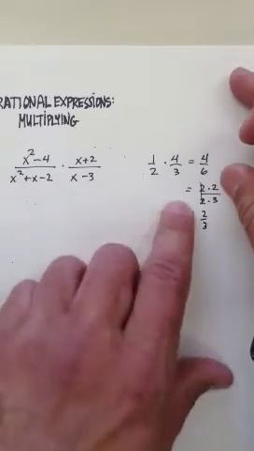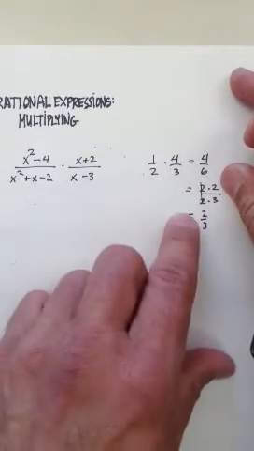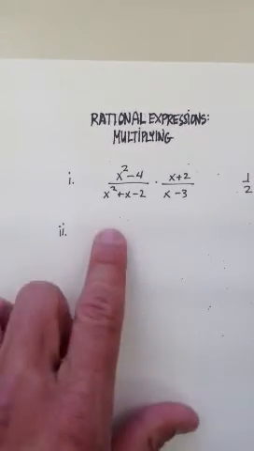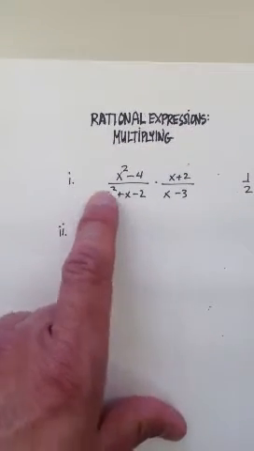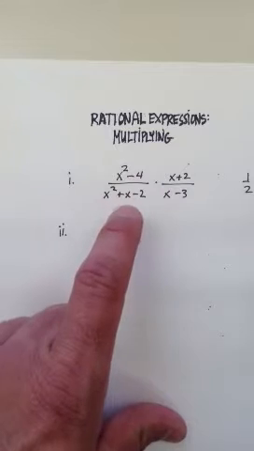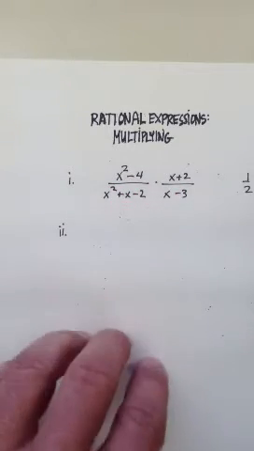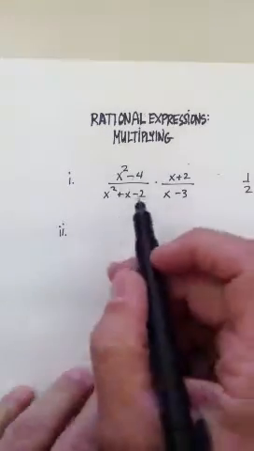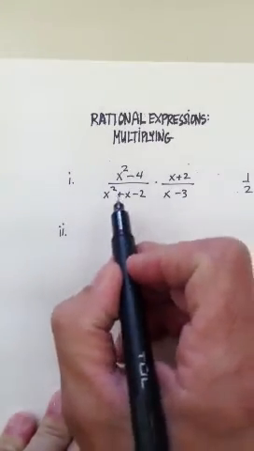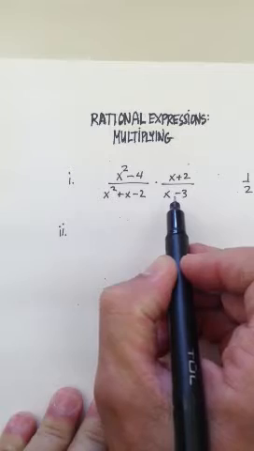Now that's the idea behind multiplying rational expressions, except that you probably want to do the simplifying as soon as you can, because multiplying those polynomials can really be tricky. So let me show you what to do. Take each of the individual parts and factor them.